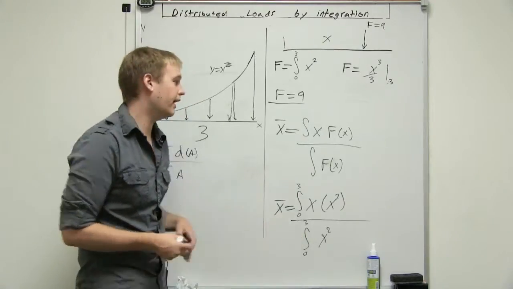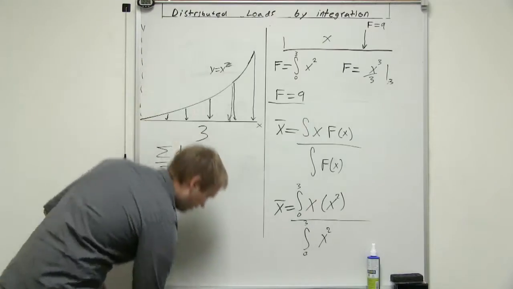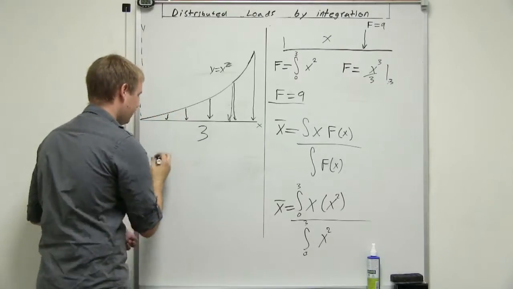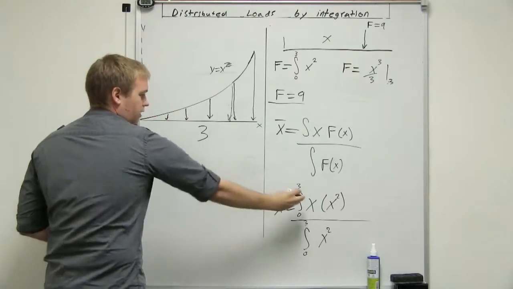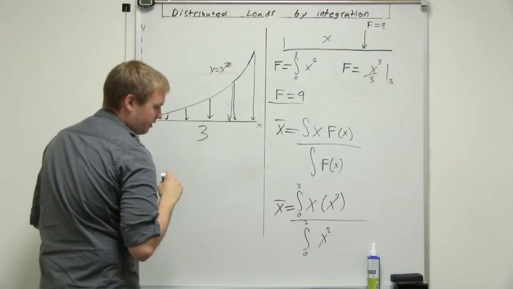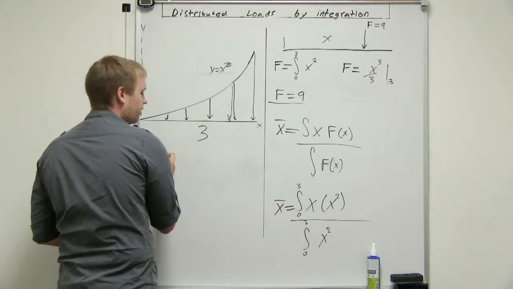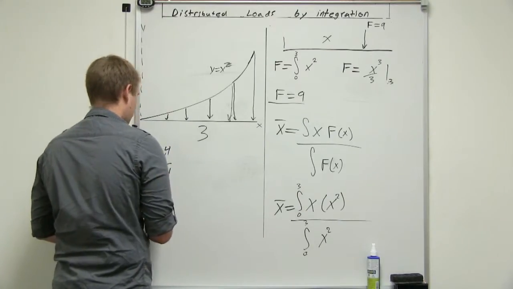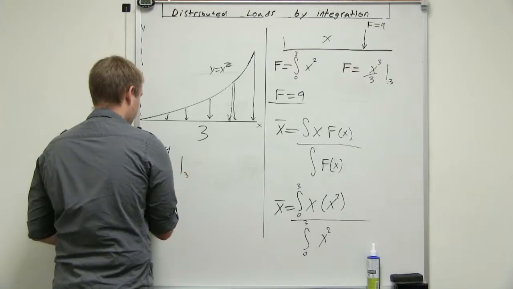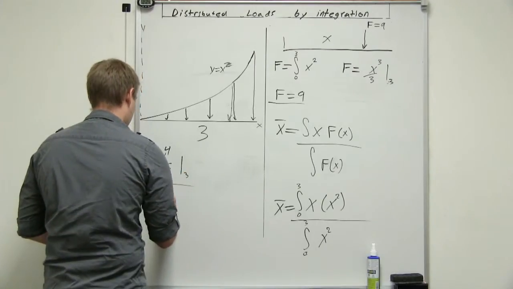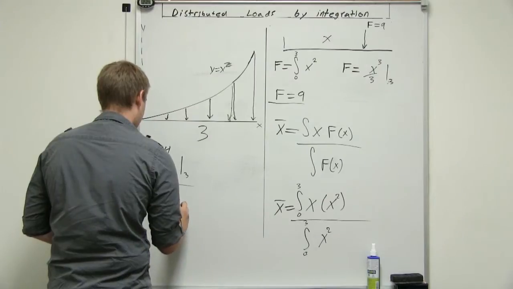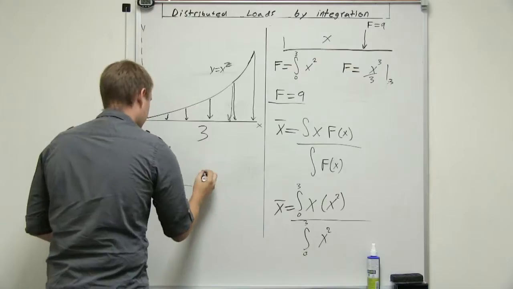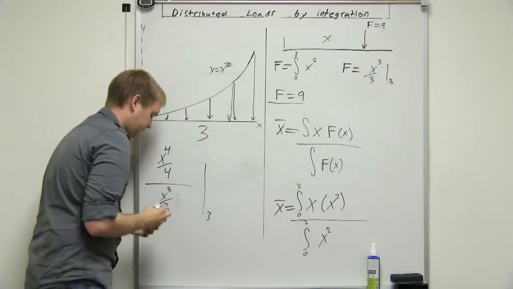So we already know that this equals 9. Let's make a little more room here. I'm just going to do it over here. So x times x squared is x to the 3rd. If we integrate that, we get x to the 4th over 4, evaluated at 3. And then we have x to the 3rd over 3 evaluated at 3. We can just evaluate from 0 to 3.